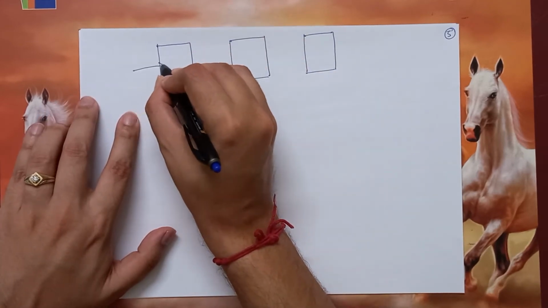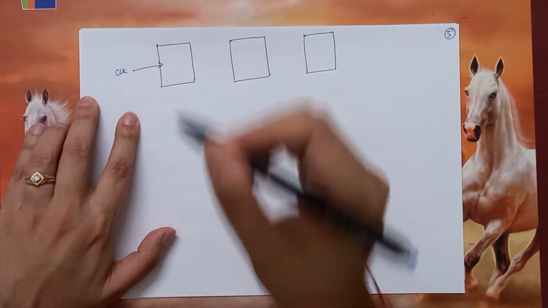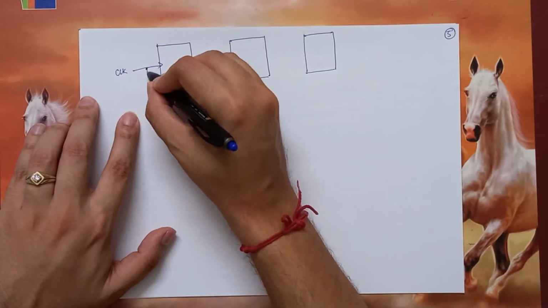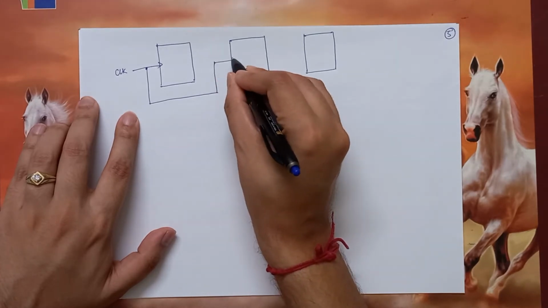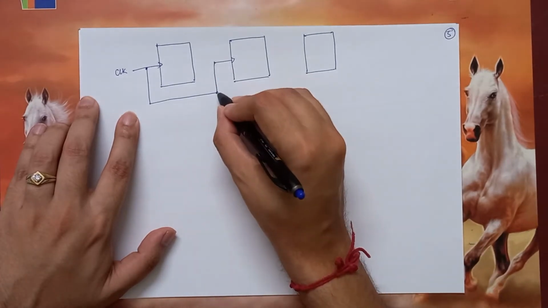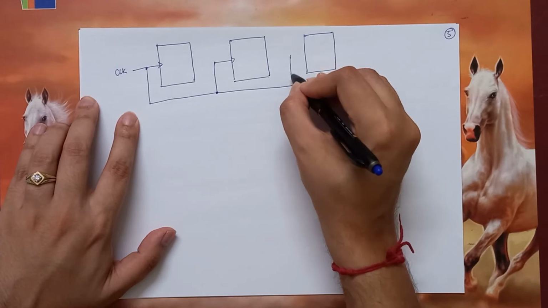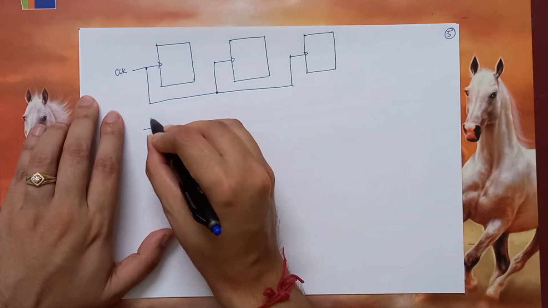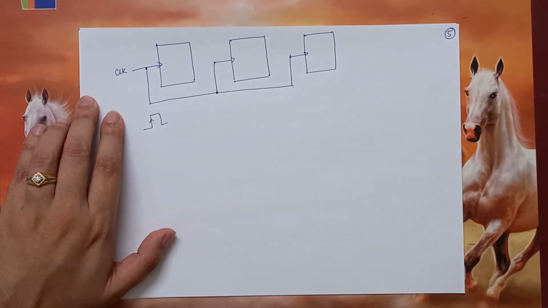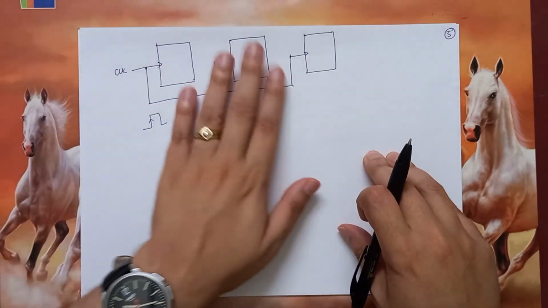Suppose they are positive edge triggered, then the clock is like this. But this clock is also used to feed the next flip-flop, and the same clock is used to feed the next flip-flop. So effectively what happens is that the same positive edge or negative edge of the clock goes ideally equally to all of the flip-flops.